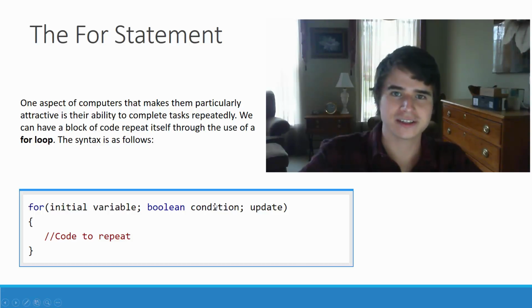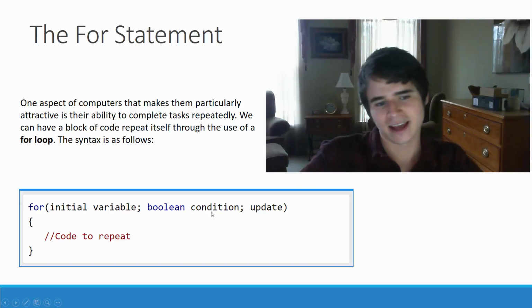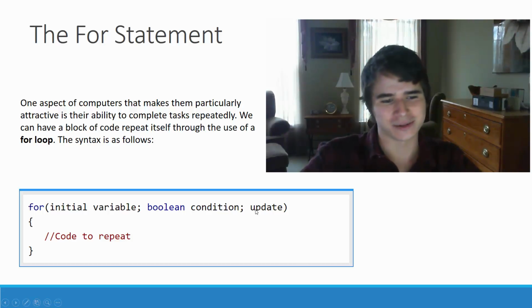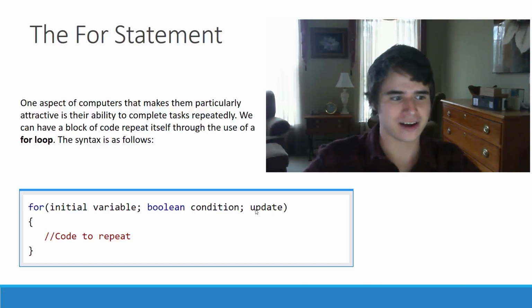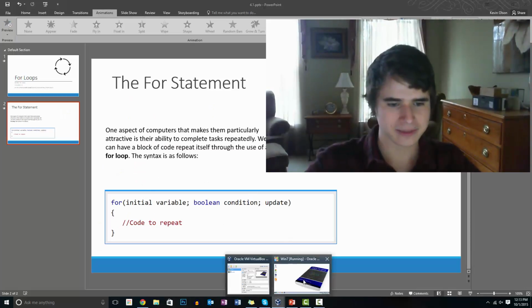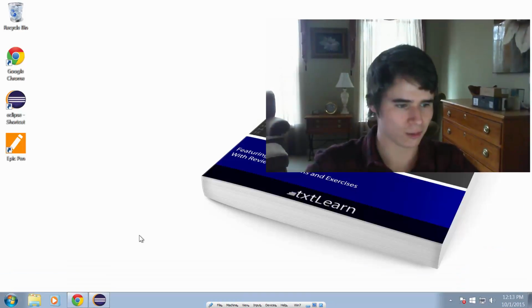Then our condition could be while i is less than 10. And then the update is how it updates this variable each time the loop runs. So we could have it increase the value of i by 1 every single time, and then it would run from 0 through 10. Okay, let's bring up Eclipse and I will show you how this all works.